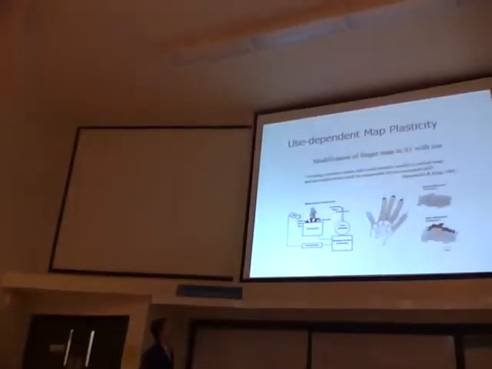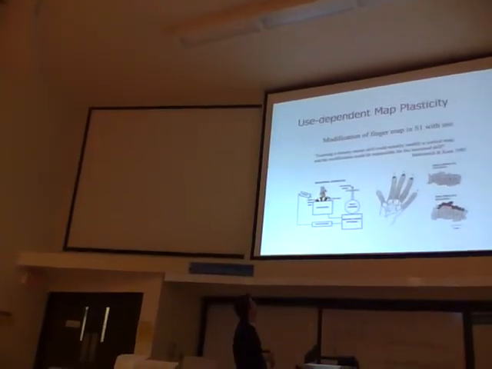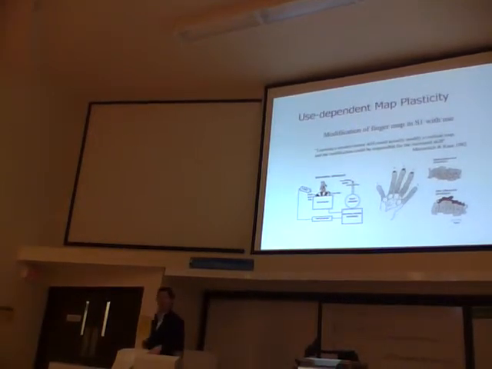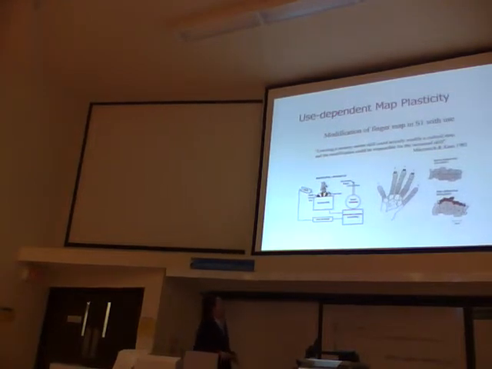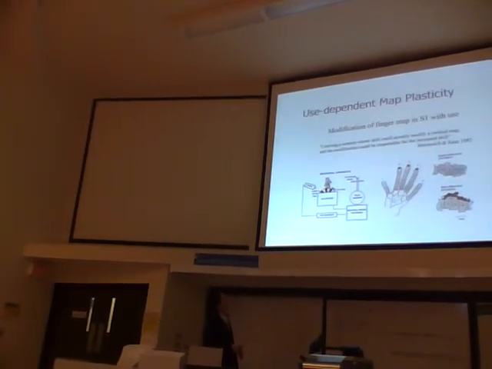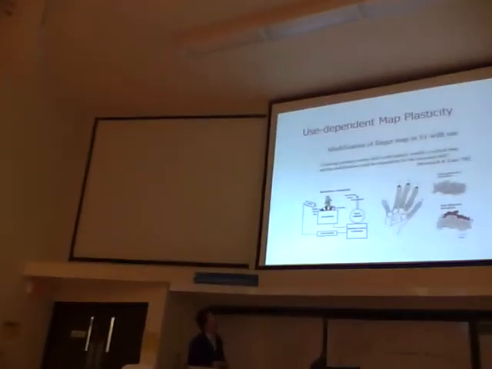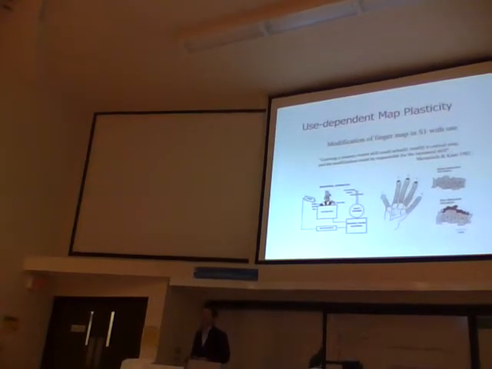Now the opposite can be true. If you train a monkey in this experiment to use just three of its fingers, 2, 3, and 4, to manipulate a wheel in order to retrieve a food reward, a peanut, and you do that for several weeks and then map its primary somatosensory cortex, you find that the total area encoded by fingers 2, 3, and 4 is larger in the experimental group than in the control group.